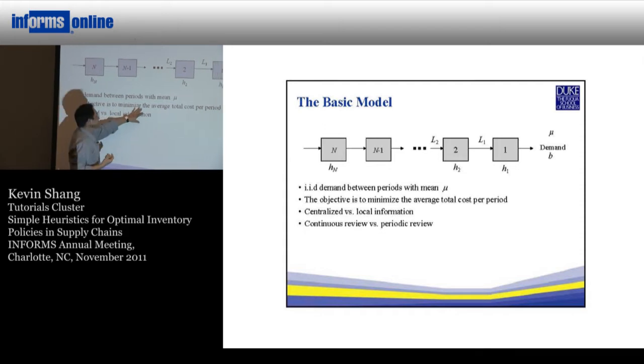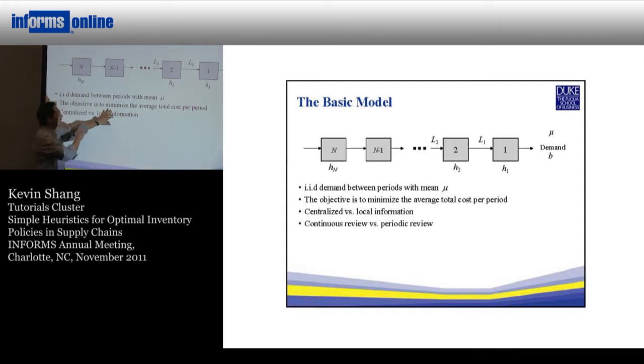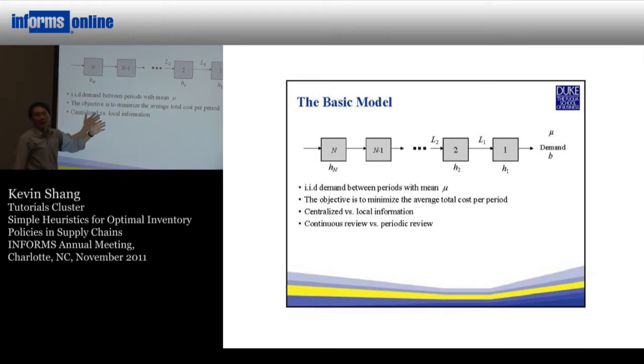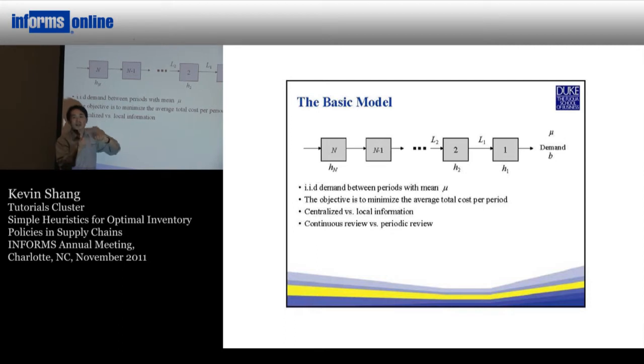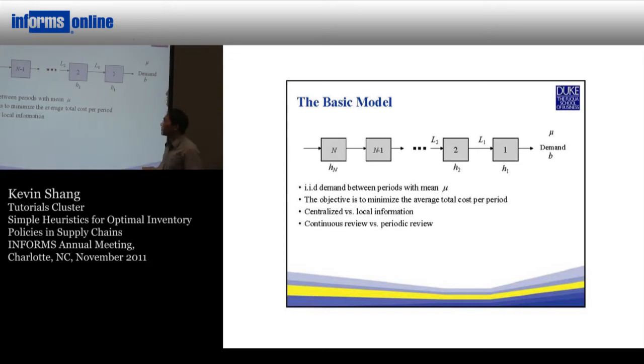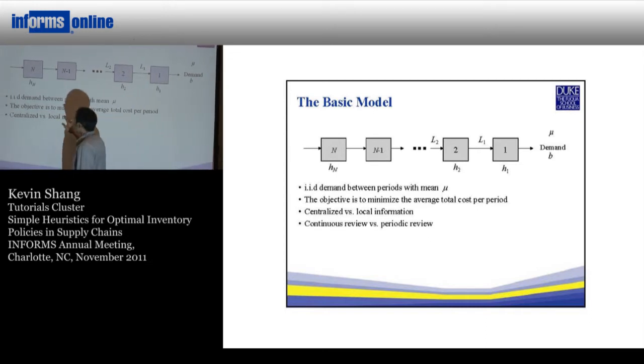The other setup, which another body of literature studies, is local information. The motivation is that in the supply chain, not everybody knows each other. However, we still want to optimize the entire system performance. In that situation, we call it the local information setup.